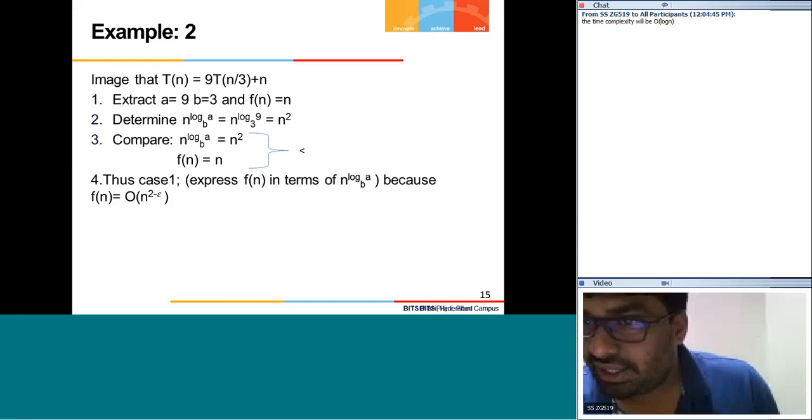Okay, someone is asking about step number 2. What is the question you have at step number 2? Can you please type it? Yeah, simple maths here. When 9 is divided by 3, 3 twos are 9. So log 9 by 3 is another than its square operation. So it becomes n square. For answering this kind of question, we have something called a logarithmic table.